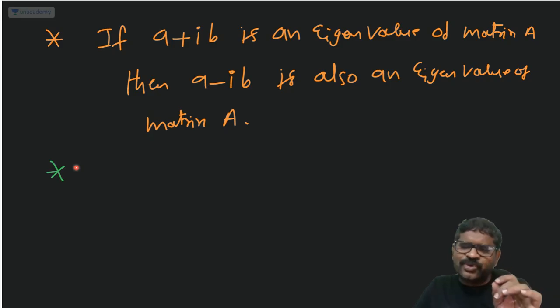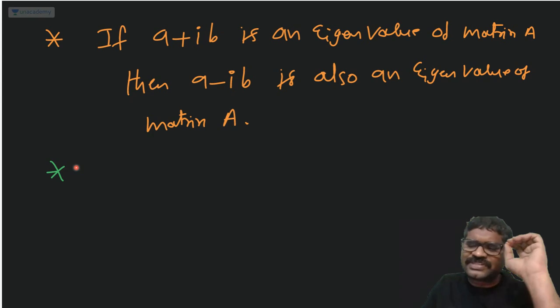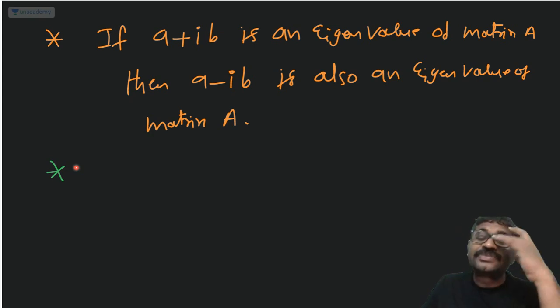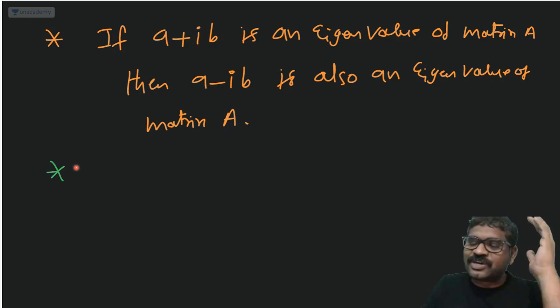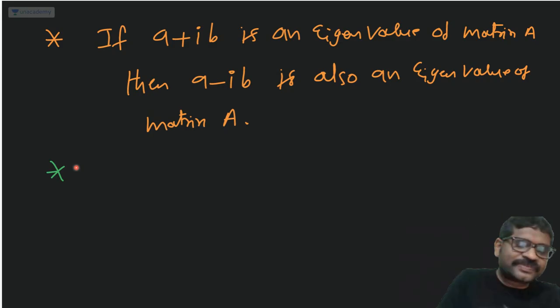I have explained to you about Hermitian, skew Hermitian, unitary matrix in the first lecture or second lecture. Remember? Based on transpose conjugate operation. Okay. Now, properties.